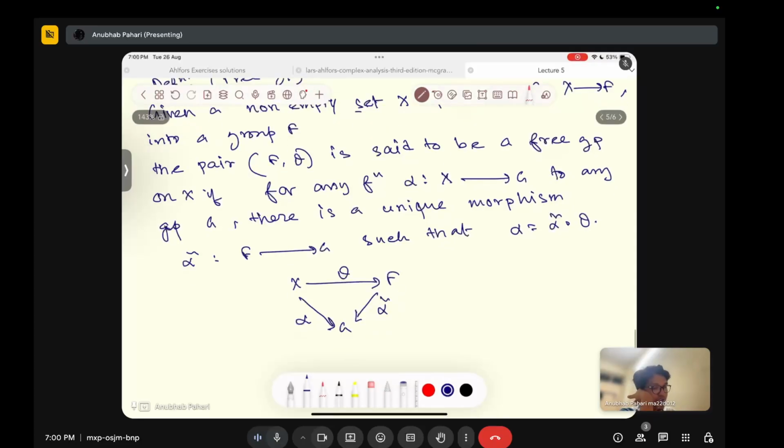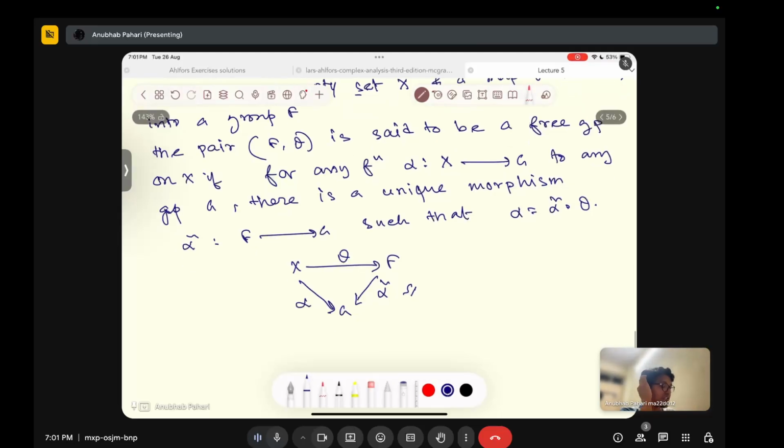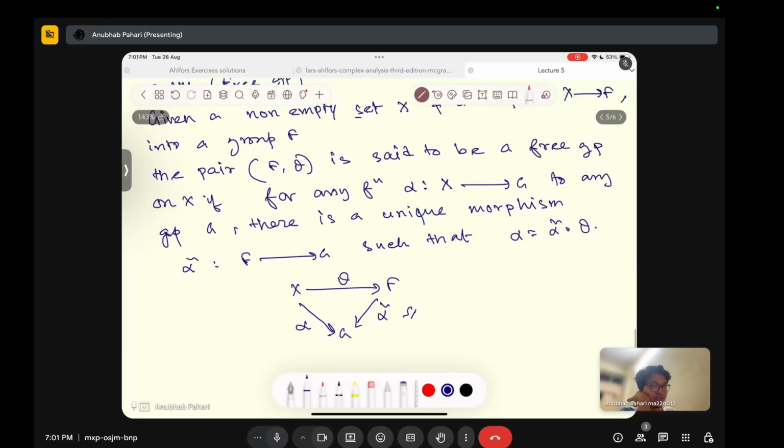And modifying this, if you can show that alpha tilde is an isomorphism, then you see that G is isomorphic to F, and F is already a free group, so that is why G is a free group. Now is it clear? Yes, sir.